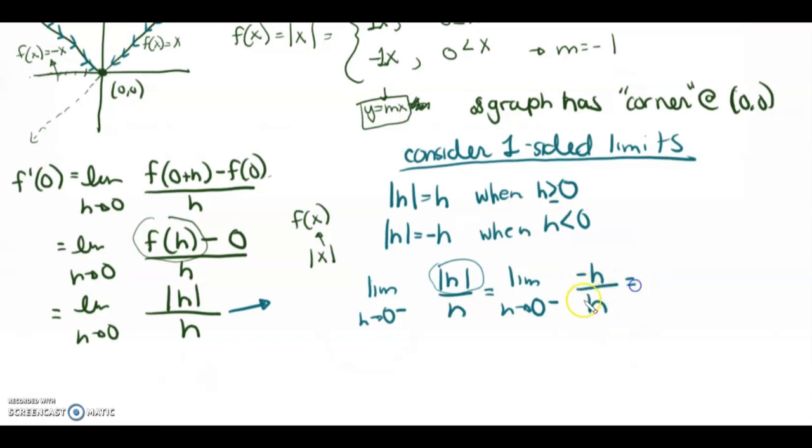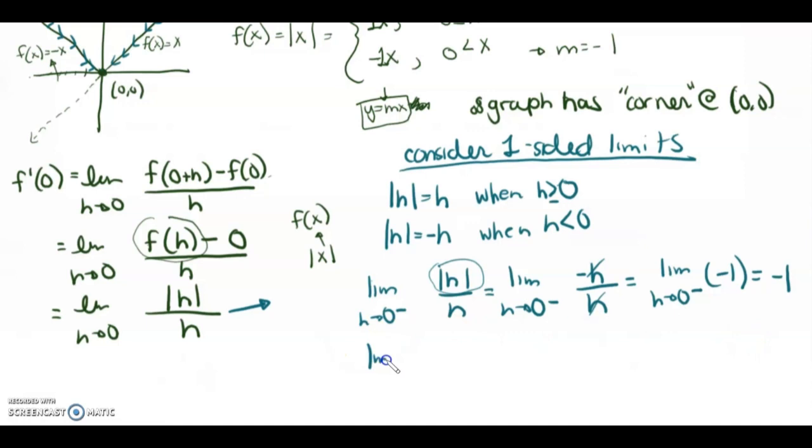Okay? And if we cancel these out, we get the limit overall as h approaches 0 from the negative side of negative 1, which is a constant. Well, we know the limit of a constant is just that constant. It's going to be negative 1.